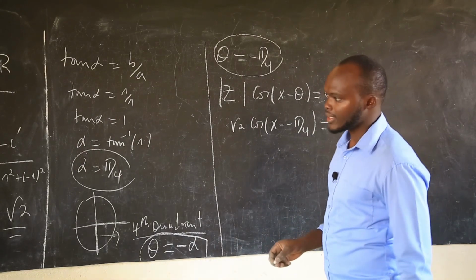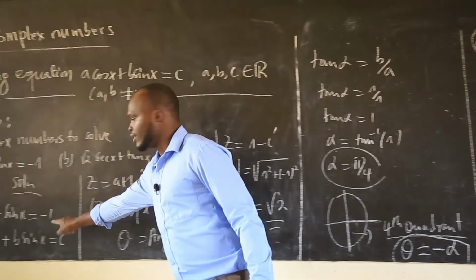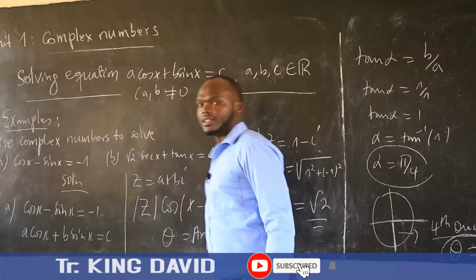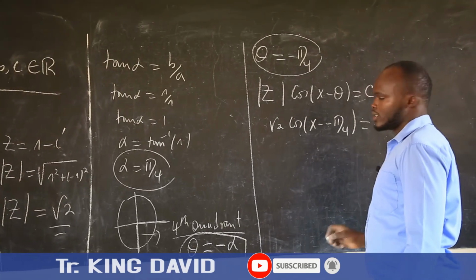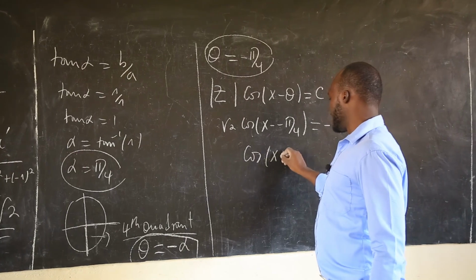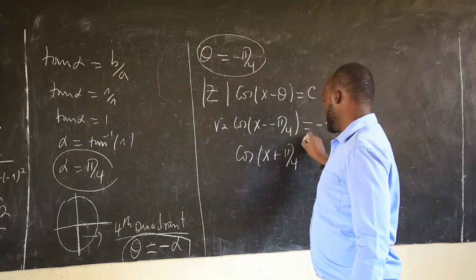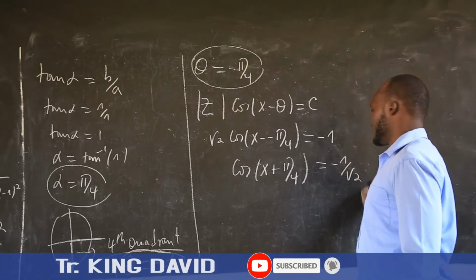What is our c? Our c equal to negative 1. So this means that cos of x plus pi over 4 equal to negative 1 over root 2.